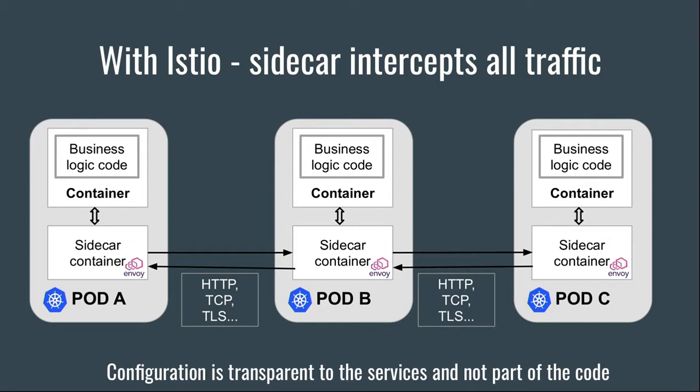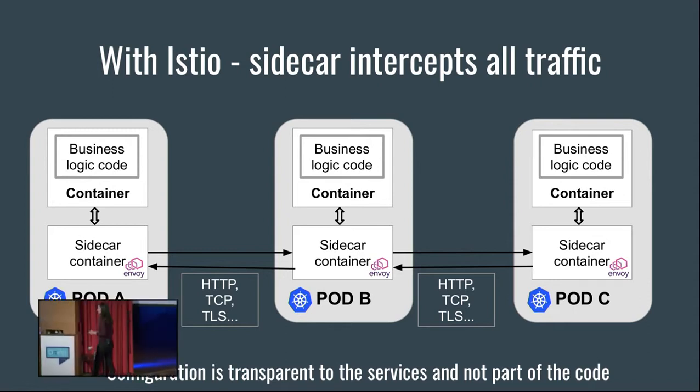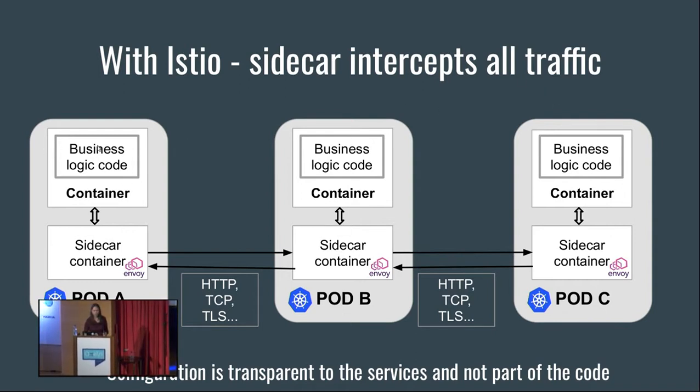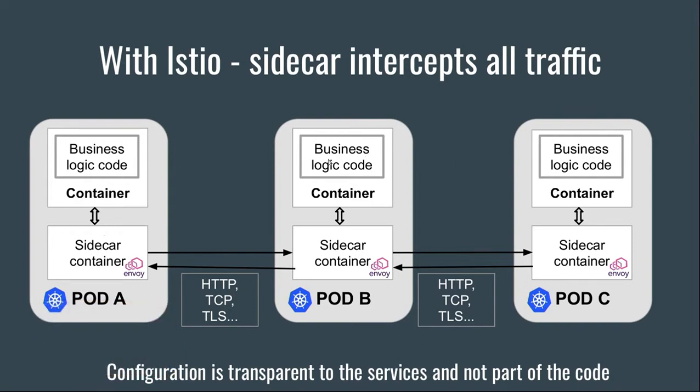We will have a lot of pods. In every pod, we're going to have a sidecar container. All of the traffic is going to be intercepted by those proxies. So for example, if the container in pod A wants to talk to this pod, it will go through the proxy to this sidecar proxy and here. And the configuration that the proxies are getting is completely transparent to the application.